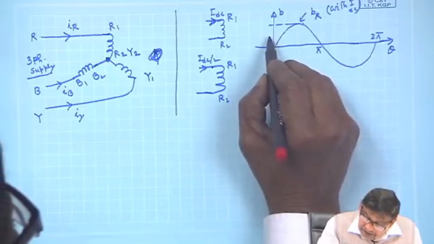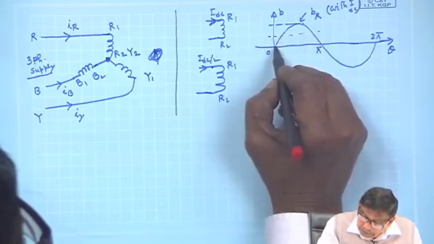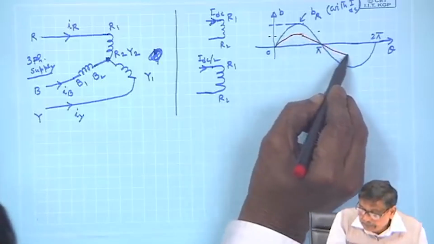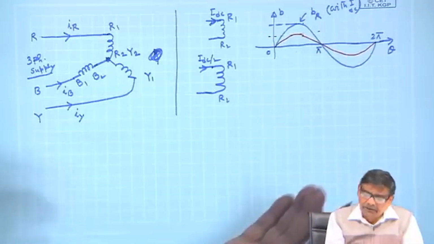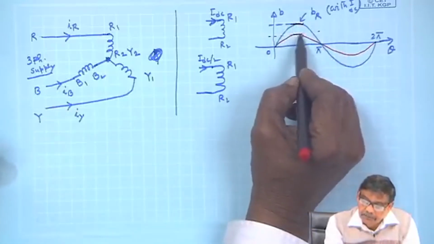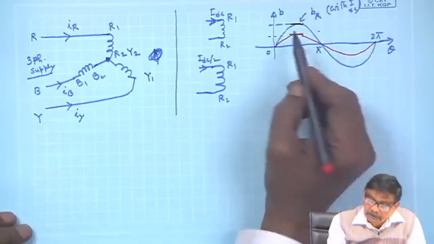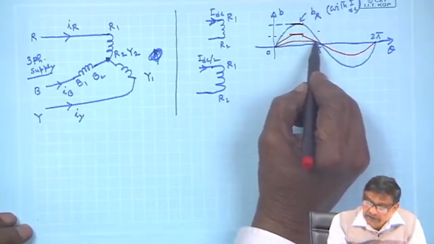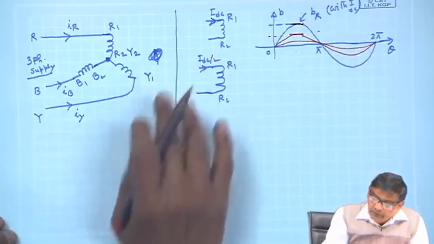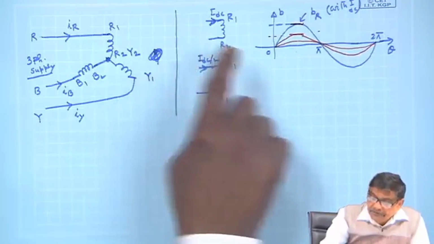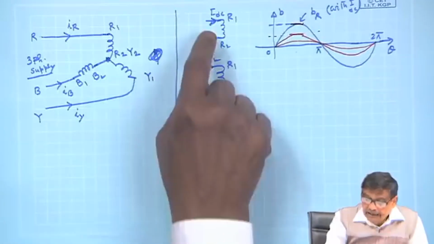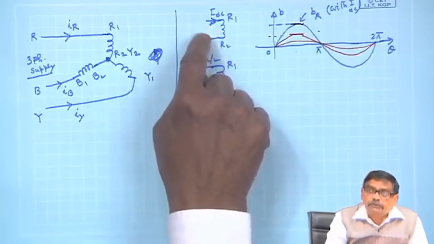So, it will become half. The same pattern, but its peak value, if it was B max earlier, will become B max by 2, make it 1/3, it will become 1/3 and so on. Therefore, I know the effect on B distribution as you change the magnitude of this current.